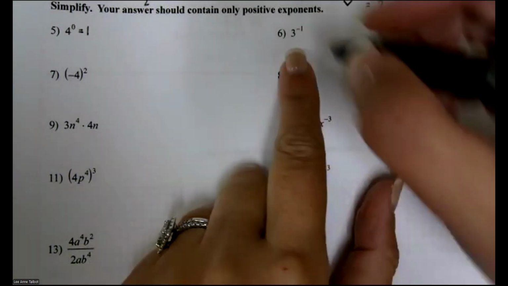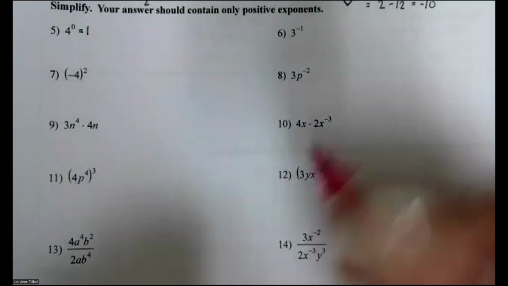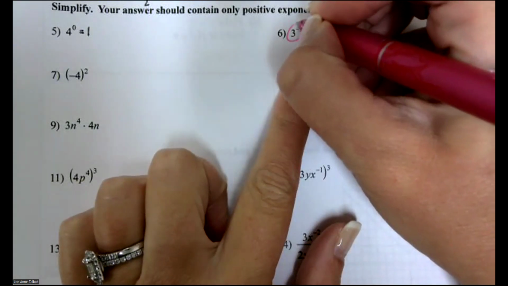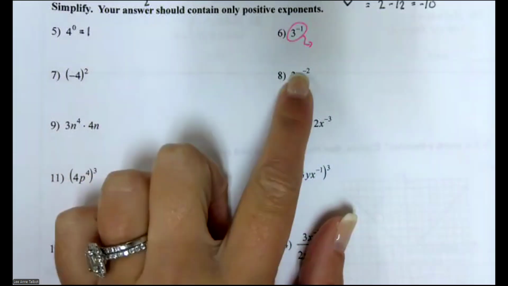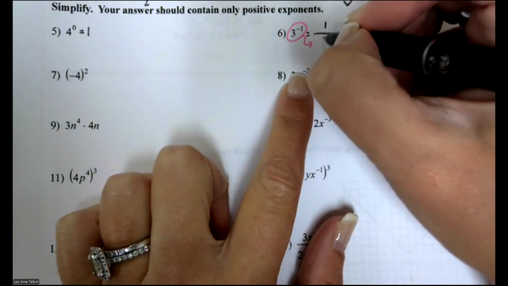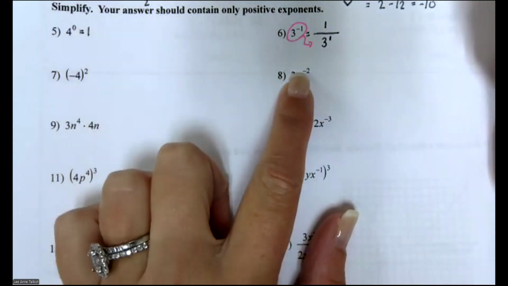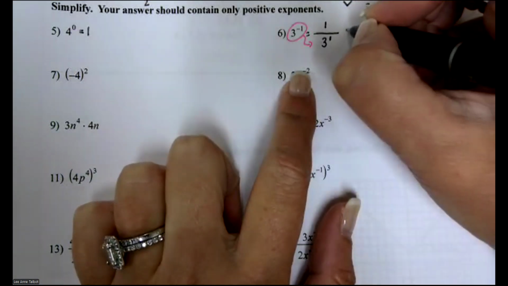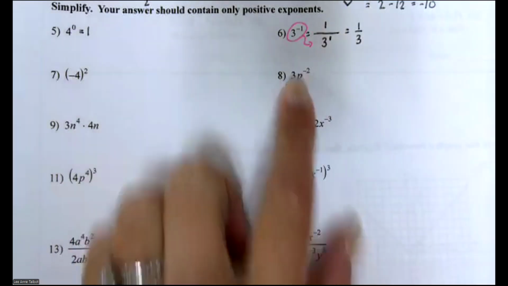Okay. All right, now this is the one with the reciprocal. So negative exponent, it's going to go downstairs. And it's 1 over 3 to the positive 1, which is 1 over 3.